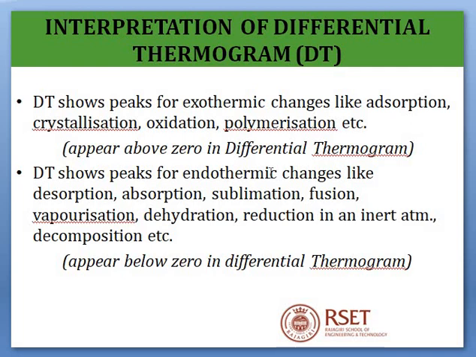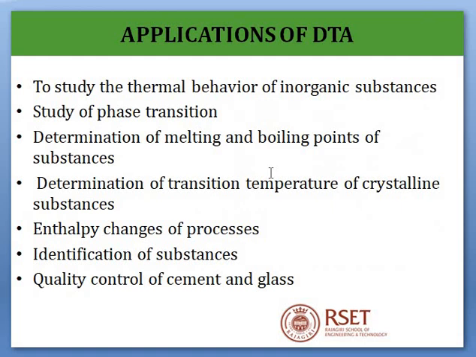Exothermic peak is due to reactions such as adsorption, crystallization, oxidation, polymerization, which liberate heat. Endothermic peak is due to endothermic reactions like desorption, absorption, sublimation, fusion, etc., and that needs heat to carry out the reaction, and that is termed an endothermic reaction.